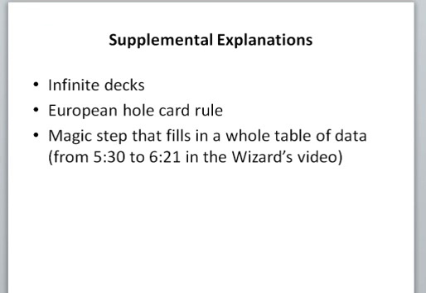Now, what is the European hole card rule? Well, in Europe, the dealer doesn't check his hole card, that is his second hidden card, until everybody's played out their hand. And so what difference does that make? It makes only one difference.